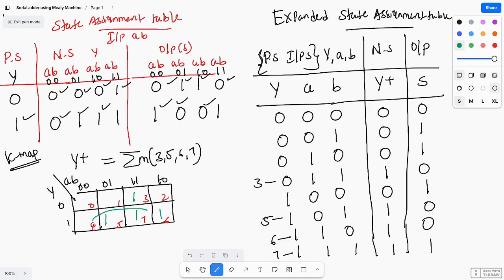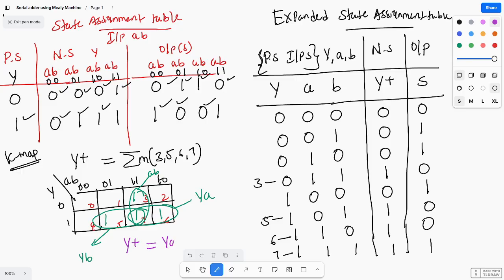Okay. So this is one pair, and this is one pair, and this is one pair. So that means this one is nothing but YB, AB, and this is YA. Okay. So what will you get for the expression y plus equal to what?